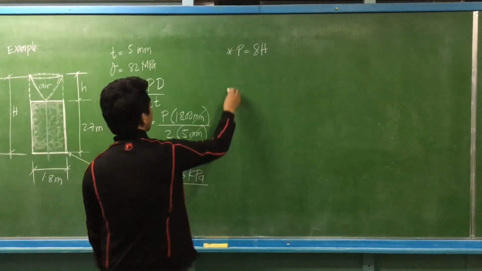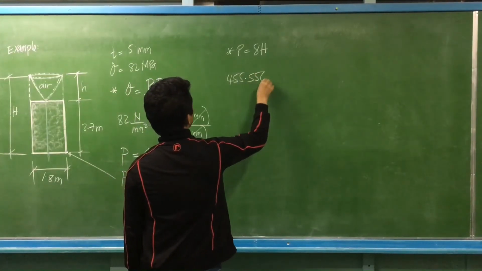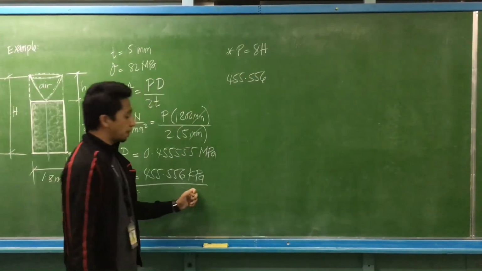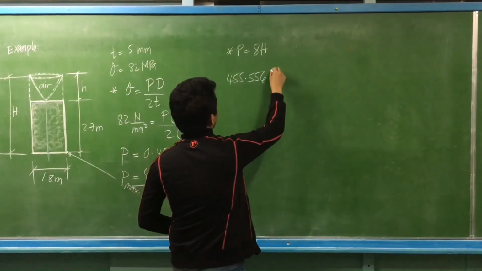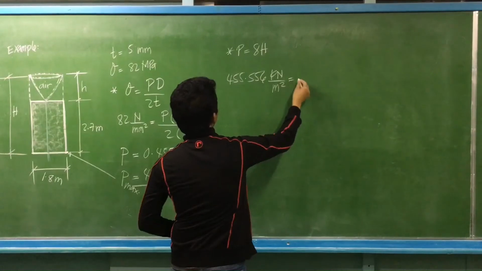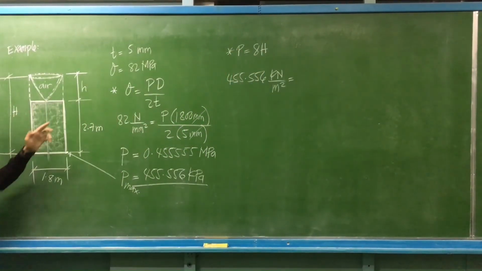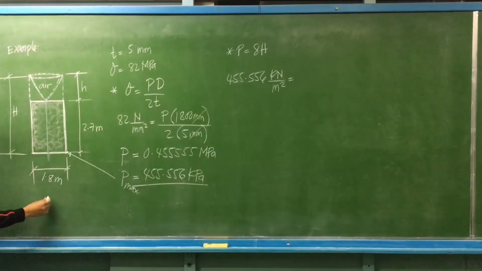So, we have the pressure is equal to 455.556. What is the equivalent of kilopascals? Kilopascals is kilonewtons per square meter. Is equal to gamma. Take note, hindi ito tubig. According to the problem a while ago, the specific gravity is 1.6.